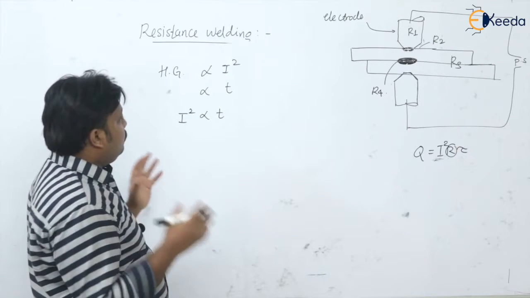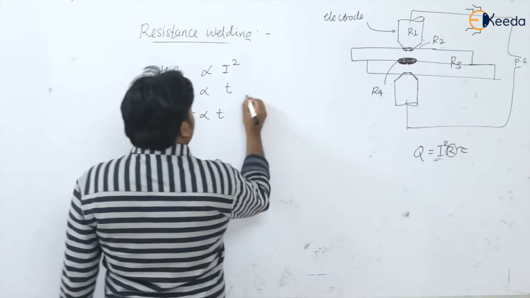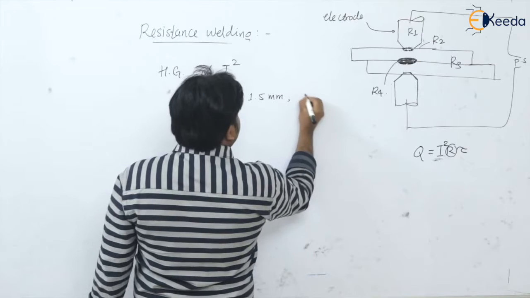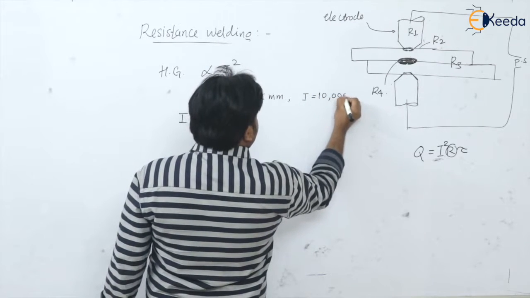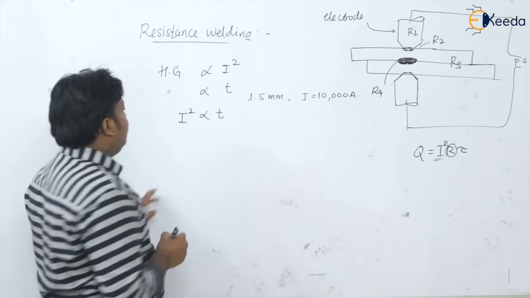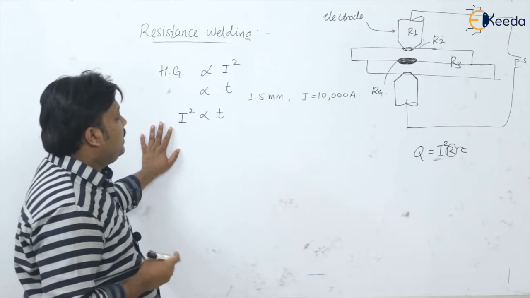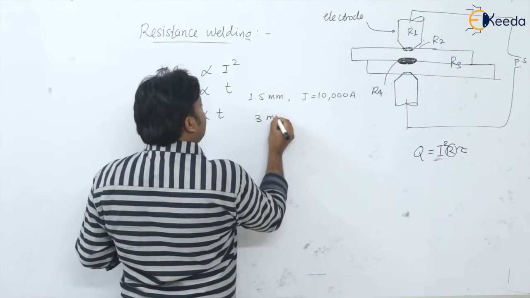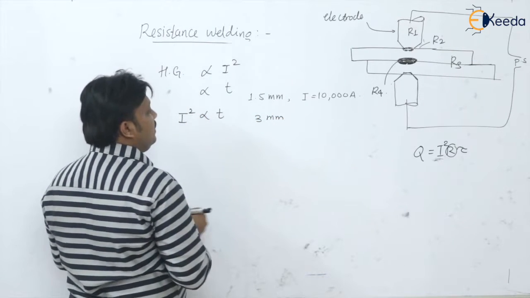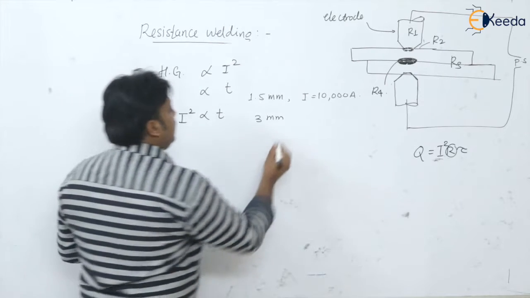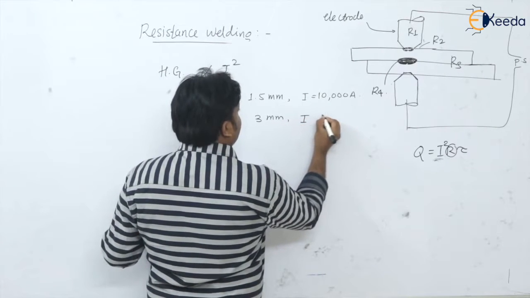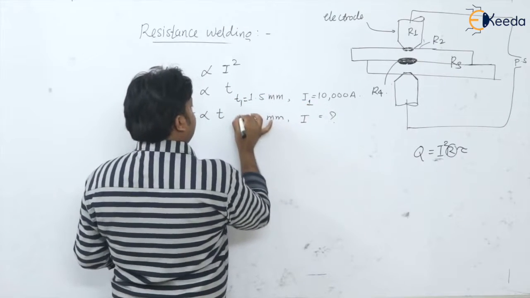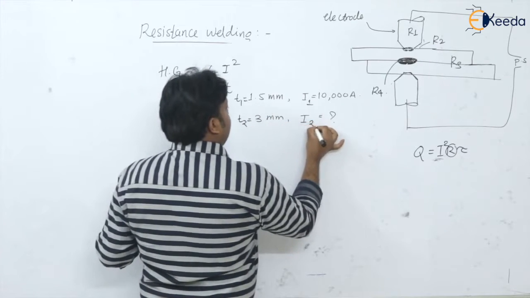Now I have told you that for steel of 1.5 mm thickness, it requires a current of 10,000 ampere. From this relation, if I want a thickness of 3 millimeter to get joined by resistance welding of the same material, then what will be the current? So we can calculate, say this is T1, this is I1, this is T2 and this is I2.